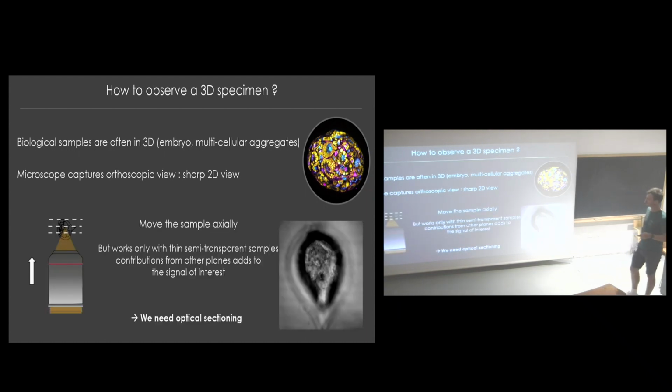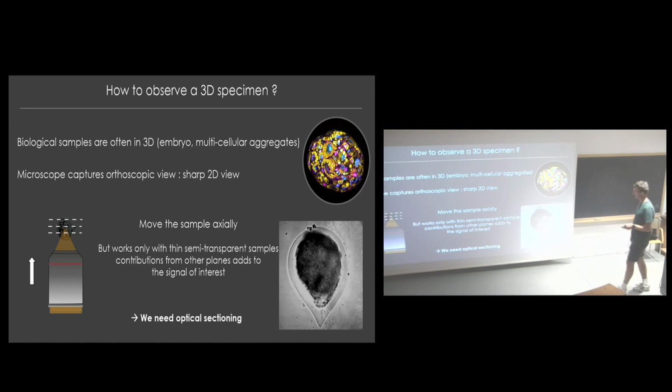And usually, what you do to observe 3D structures is simply to move your objective or to move your sample. Okay? And if you do this, for instance, in bright field mode, so this is a multicellular aggregate, once again, encapsulated into a gel, basically, as we are going through the focus, we see that on the side, where there is only the shell, we can nicely retrieve a sharp image.